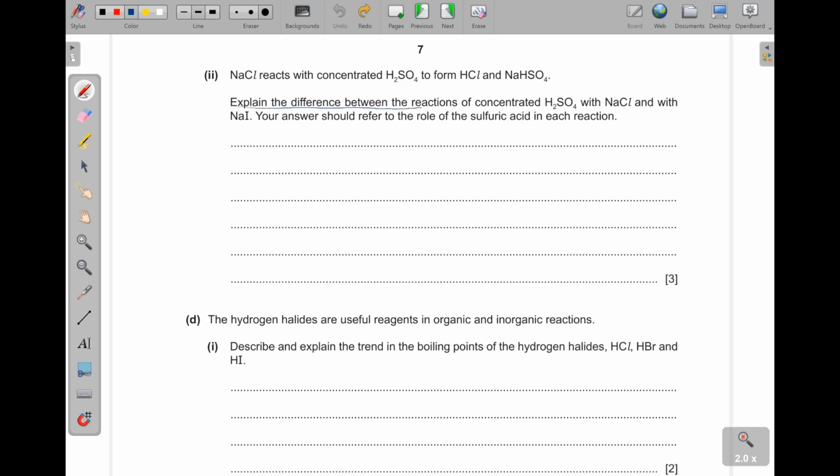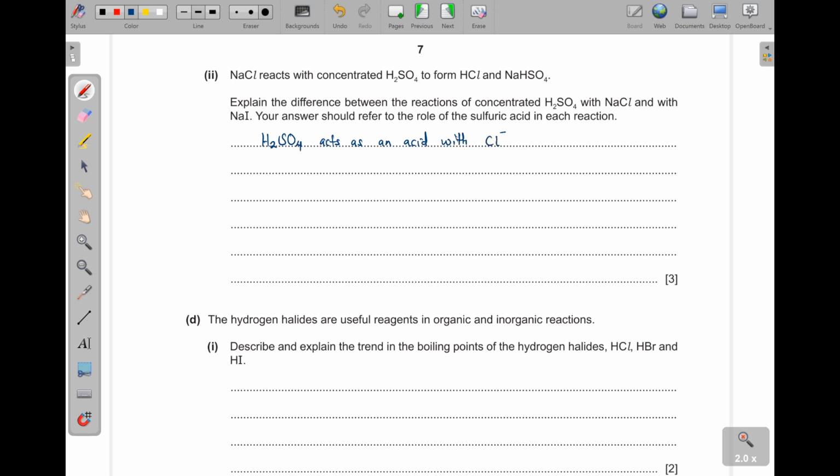Explain the difference between the reactions of concentrated sulfuric acid with sodium chloride and with sodium iodide. Your answer should refer to the role of sulfuric acid in each reaction. So, in this reaction here, the role of sulfuric acid is that it acts as an acid with the chloride.